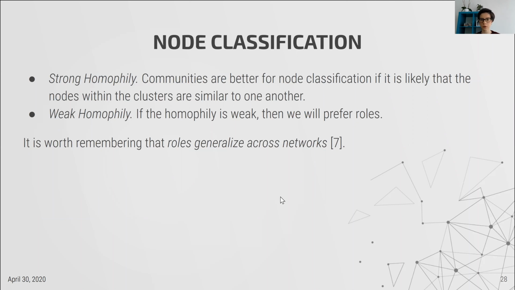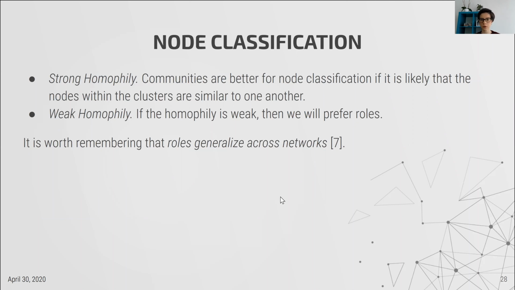Then moving on, we have link prediction, which is basically the task of, given a graph which we know to be incomplete, predicting which links, which means which edges, are missing or might pop up in the future.